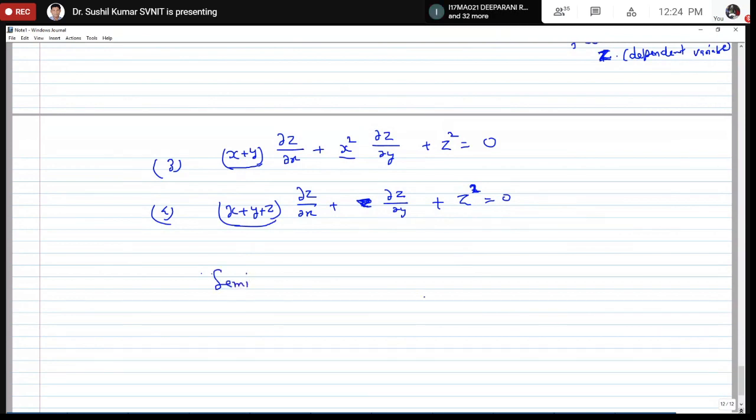See, the first thing is both are non-linear. If in this equation I don't write this z square here, then what is your answer? Then equation number 3, is it linear or non-linear, semi-linear, quasi-linear?